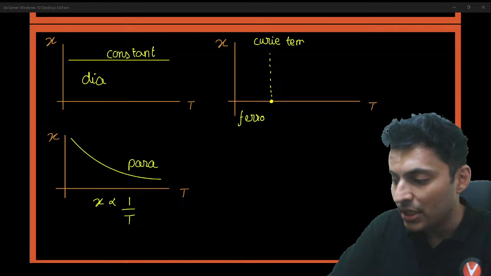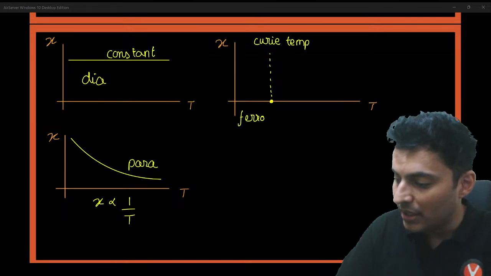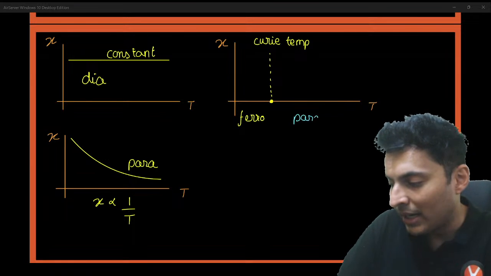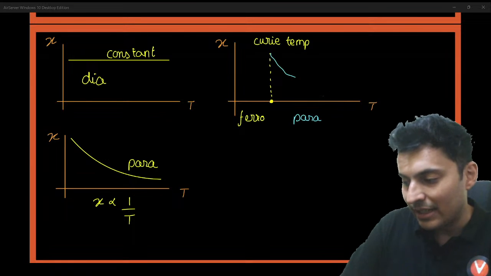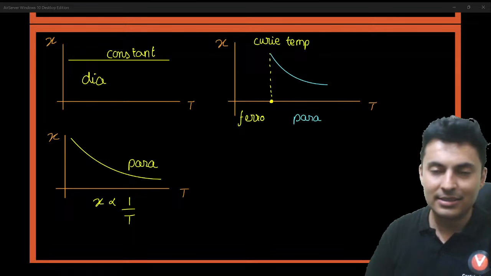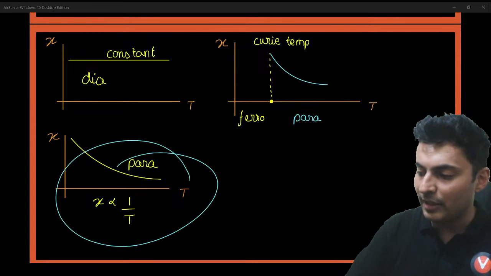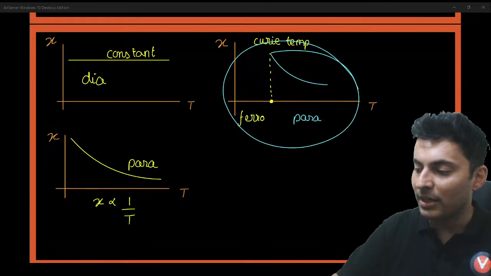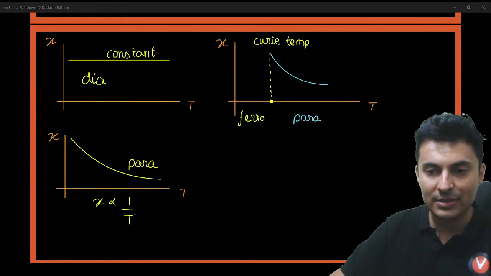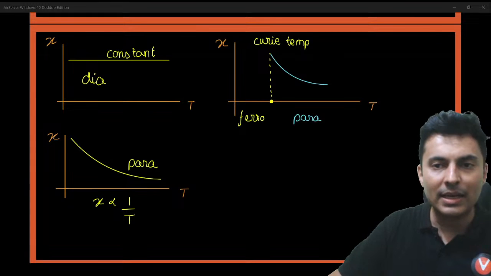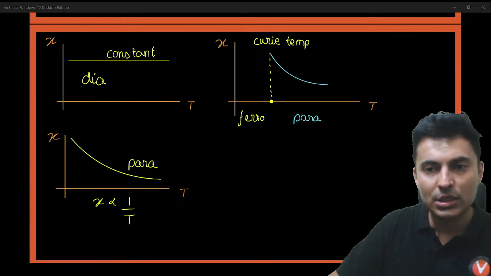After the Curie temperature, it becomes a paramagnetic material. So after that, the graph looks like this, because for a paramagnetic material it is an inversely proportional graph. Is that okay, everyone, with me on this?